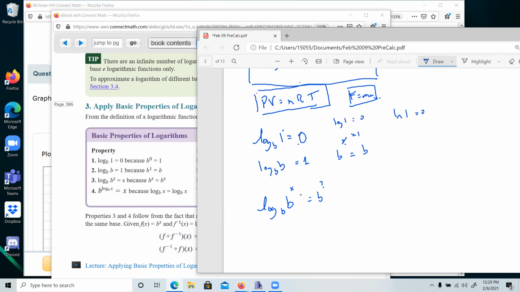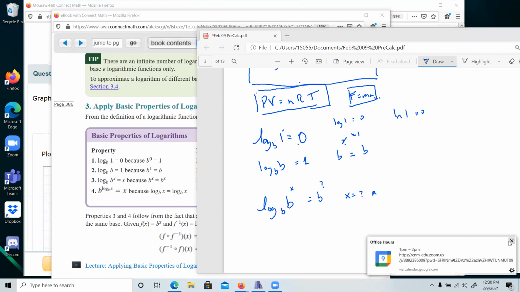I tried to do a little bit of that when we were doing our graphs because I wanted you to think, wait, is that what's going to work? If you ask that question, yes, it is. So log base b of b raised to the x power is going to be x.